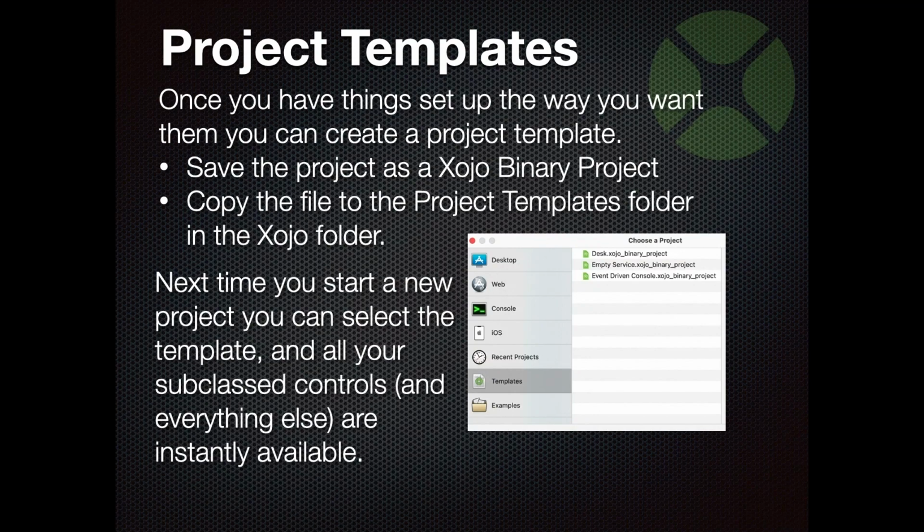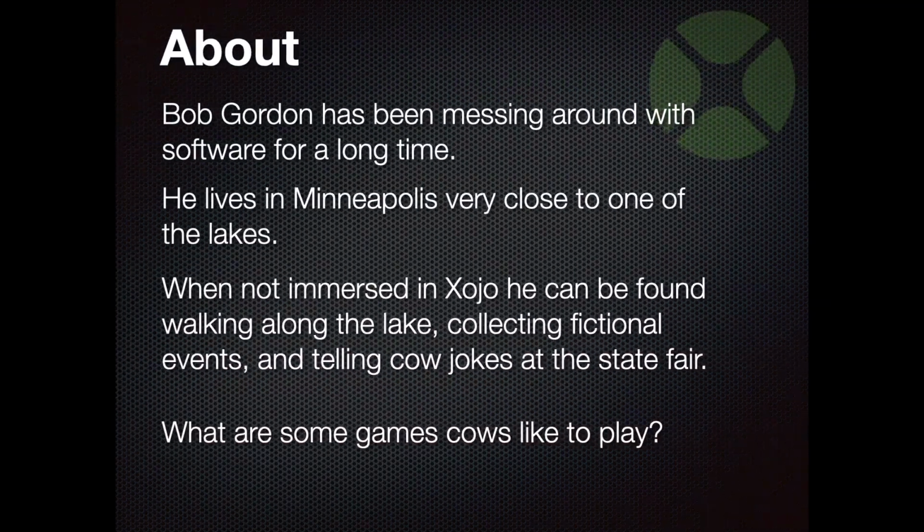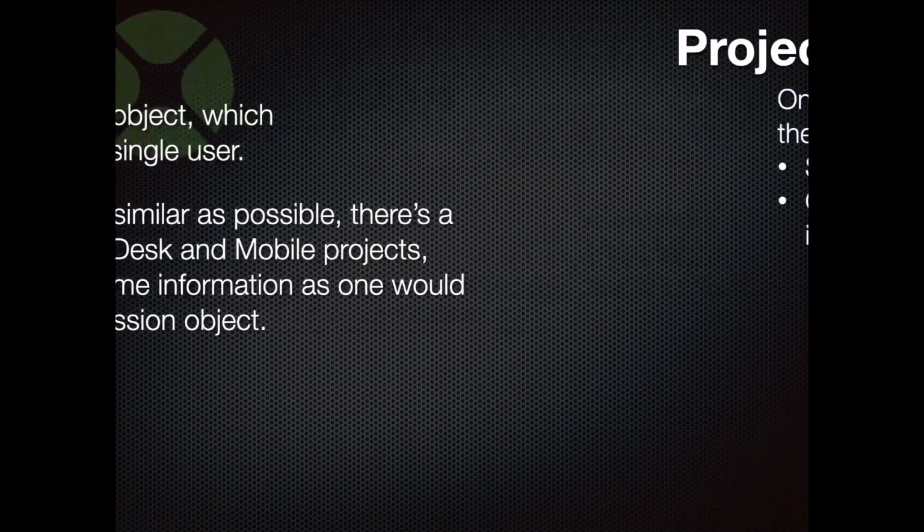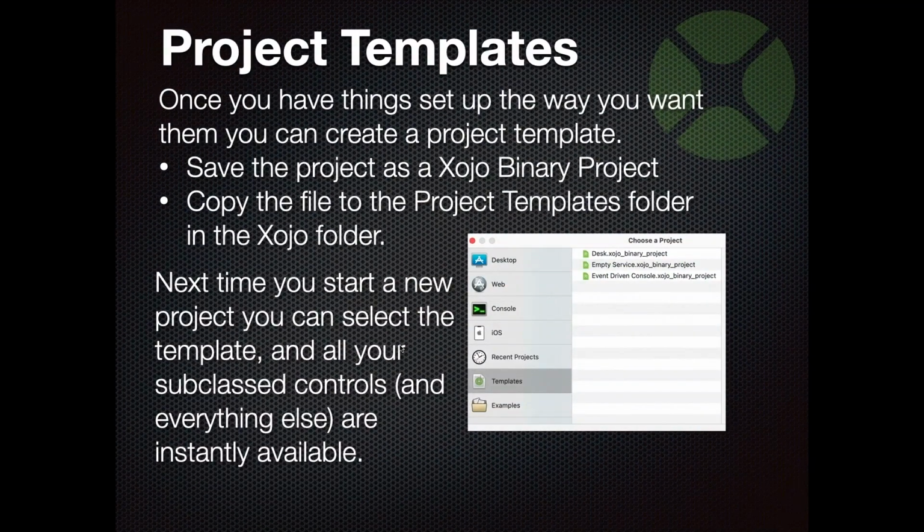And then, when you open up to start a new project, you pick templates, and you can simply grab, in this case, the desktop project, and all your code that you've spent weeks, years putting together to make your environment productive is instantly available.